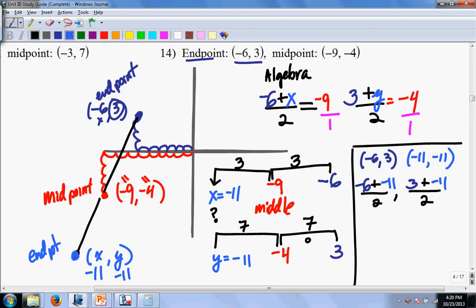You know what? That's not 11, that's 12. Excuse me, that's why we check stuff. That is 12. -9, march to the left 3 units is going to be 12. So that's -12. That's going to be -18 over 2, and there you go, -9. That's why you check stuff.